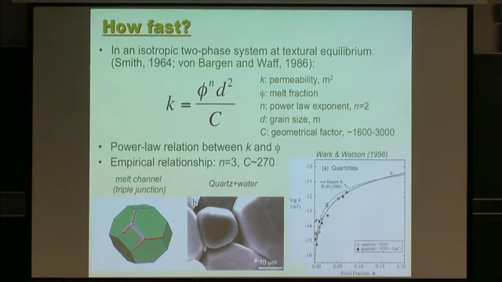So in that case, for a long time we use microstructure to infer the permeability.